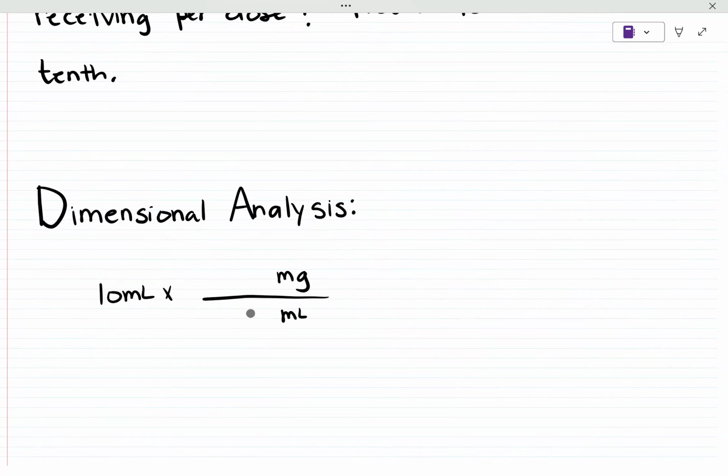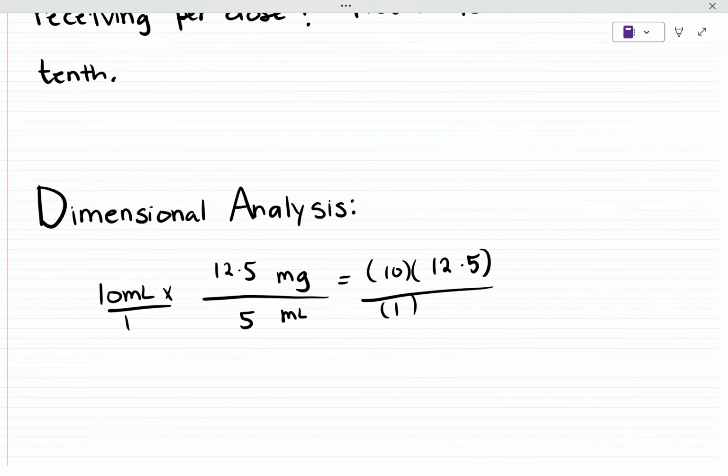Our availability was 5 milliliters or 12.5 milligrams. The multiplication will be 10 times 12.5 over 1 times 5, so that's 125 over 5, which is 25 milligrams.